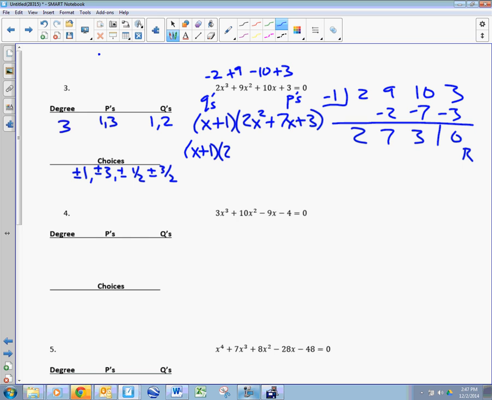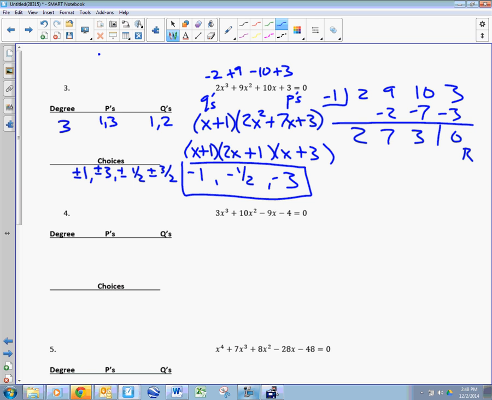Yeah, it factors. We told you guys that any positive choices would be bad choices. They were all going to be negative. Look at what I have. -1, -1/2, and -3. Those are all one of my P's or Q's.